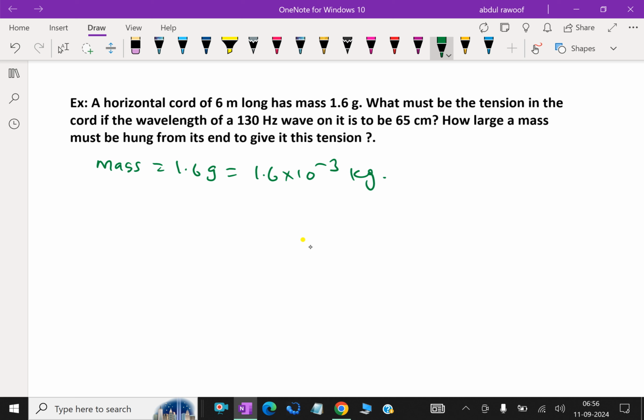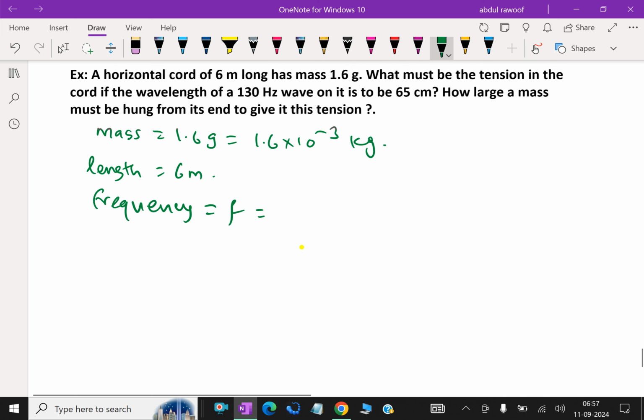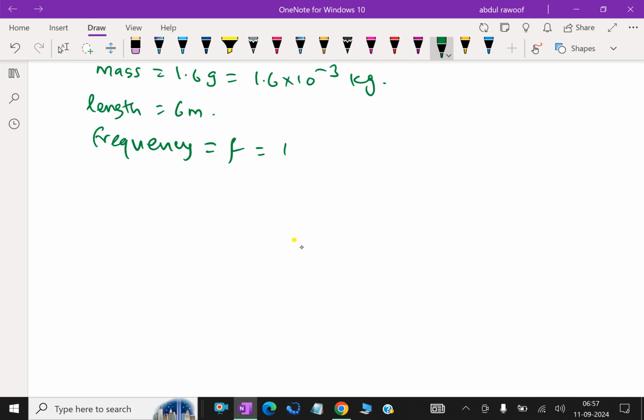Next, length of cord equal 6 meter. And frequency f equal 130 hertz.